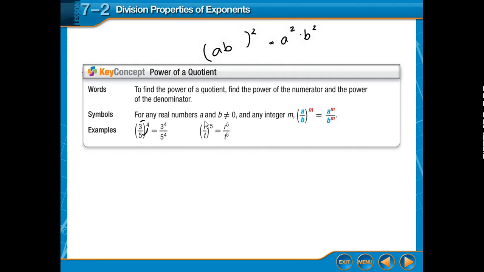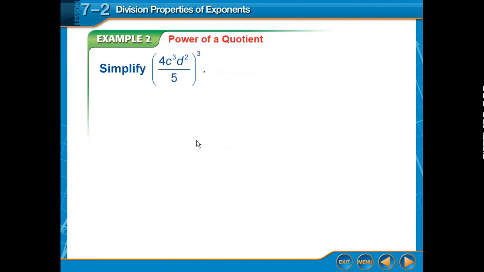And same thing with the variables. For this example, anywhere that I have things separated by multiplication is going to get that power of 3 on both top and bottom. So I have 4c to the 3rd times d squared, and then that whole thing is raised to the 3rd. The power gets applied to the top, and it also gets applied to the bottom.